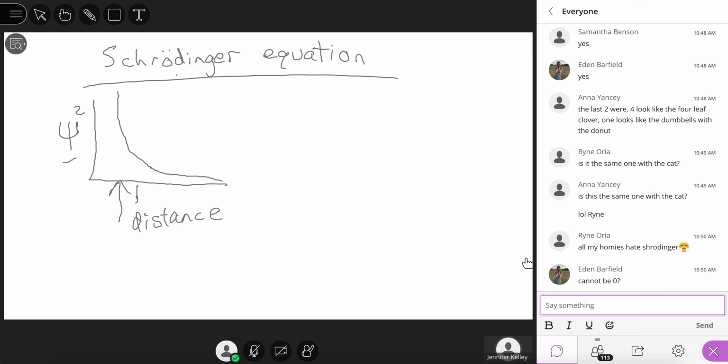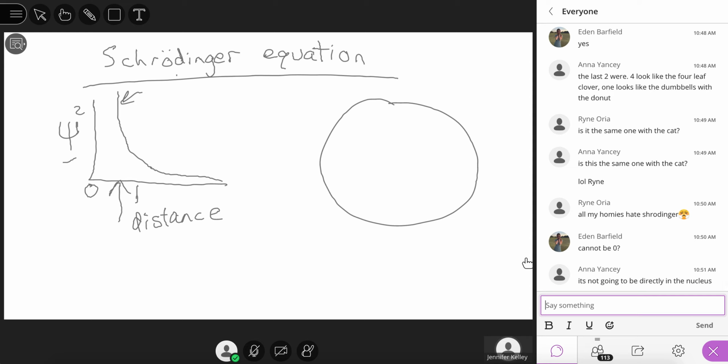The electron density means, if I'm looking at an atom, where am I likely to find a particular electron? Correct, it can't be 0. And the 0 density is right here, so you don't even see the line at 0.